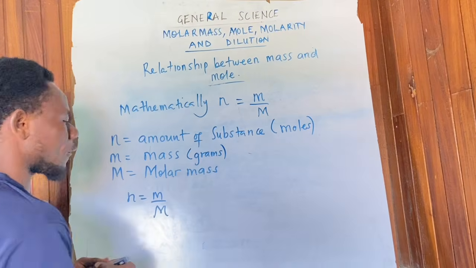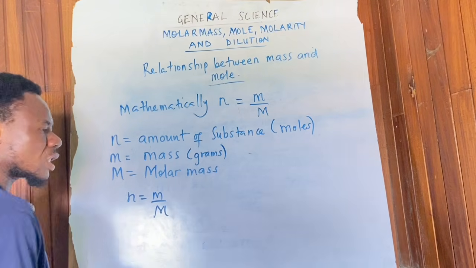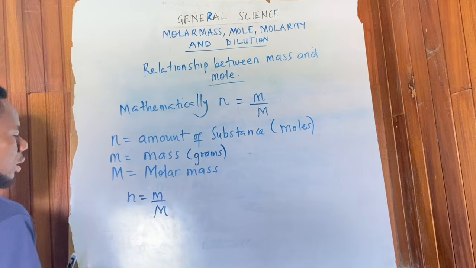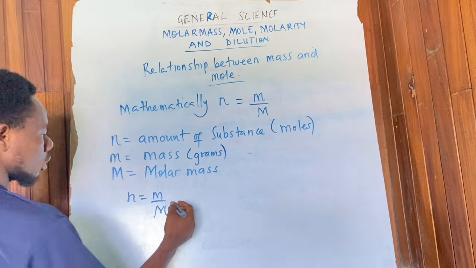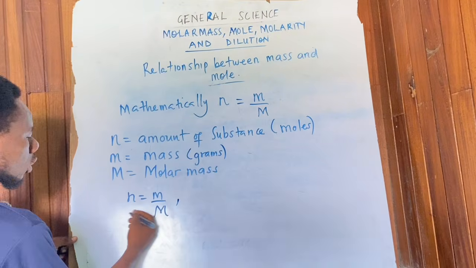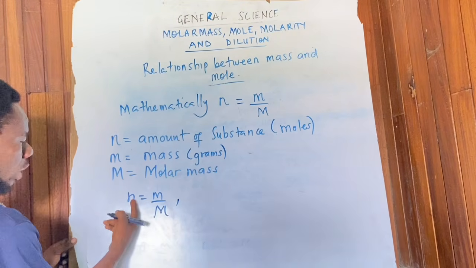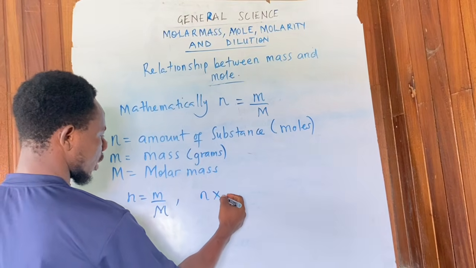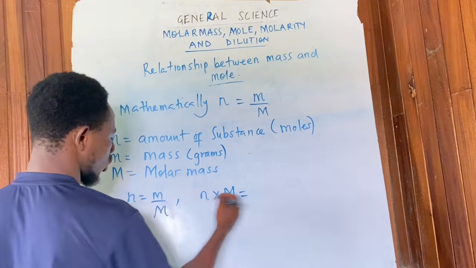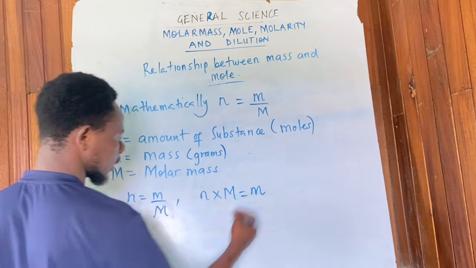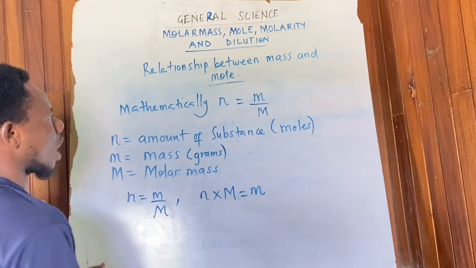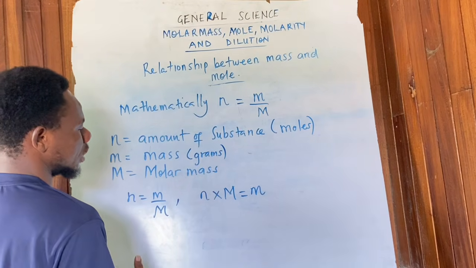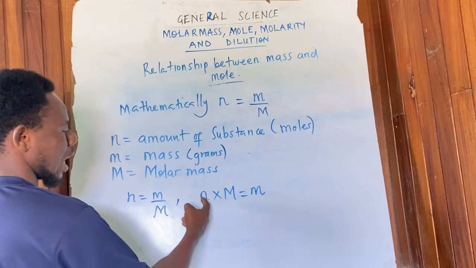What if we want to find our mass? Now, this means we have to make m the subject. So here, we can do cross multiplication. So our n multiplying big M is equal to our mass. Now, our molar mass has a direct relationship between the mass and the amount of substance.